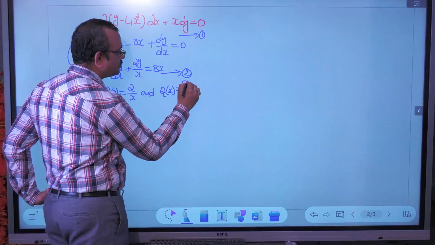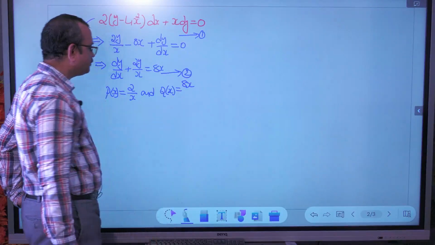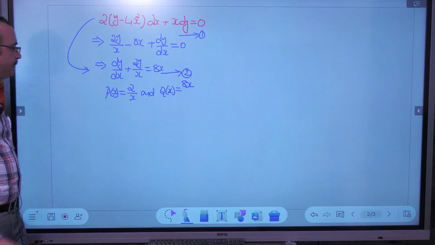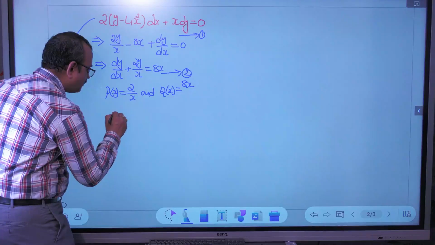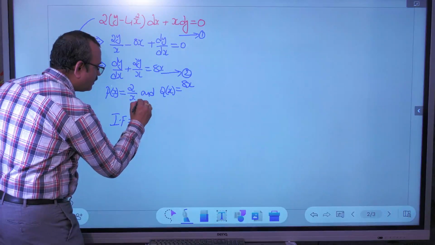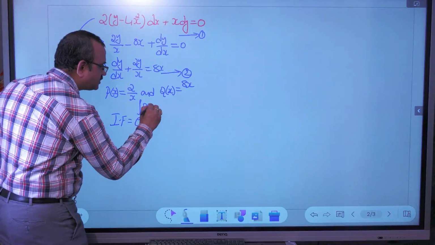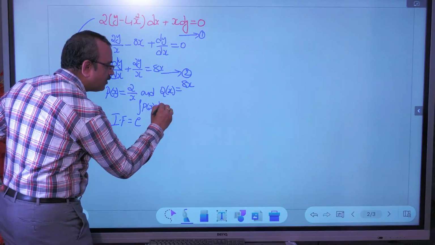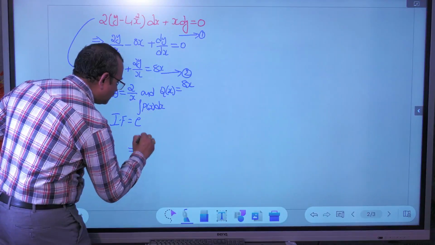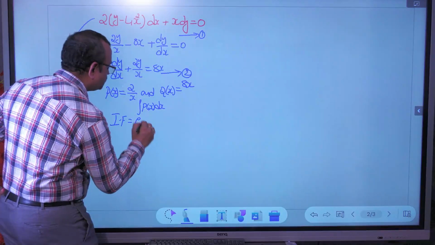Now by using the procedure, we can solve this directly by using the integrating factor. By the definition, the integrating factor is e to the power integral of p(x) dx. What is p(x)?